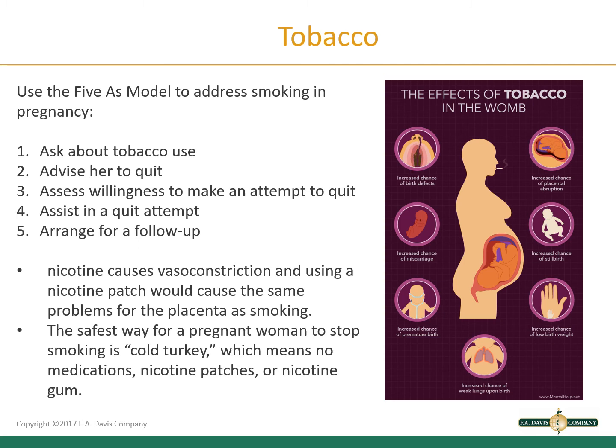So make sure you understand that since tobacco and nicotine causes vasoconstriction, using a nicotine patch is going to have the same problems for the placenta as smoking. The safest way for a pregnant woman to stop smoking is cold turkey. No meds, no nicotine patches, no nicotine gum.